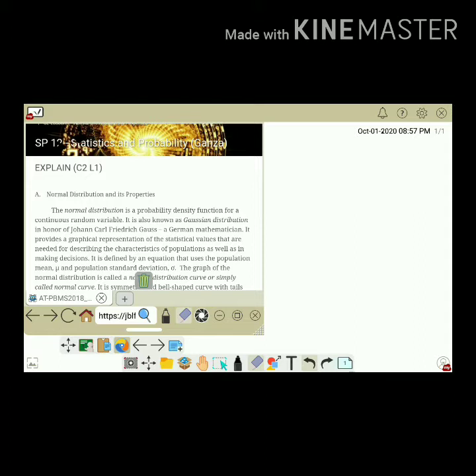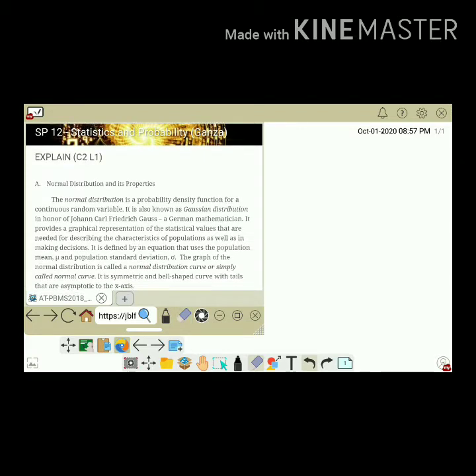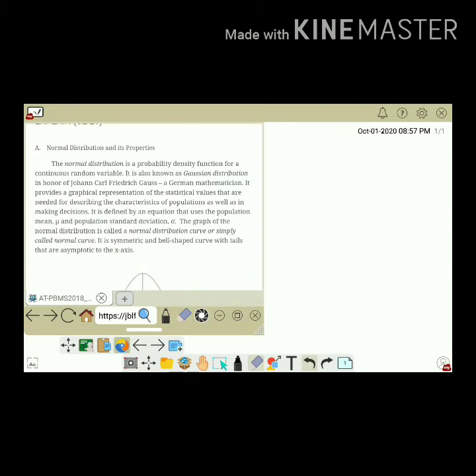Another thing to take note of: when we are defining an equation, we use the symbol mu, the Greek letter mu, which is known as the mean, or the population mean.